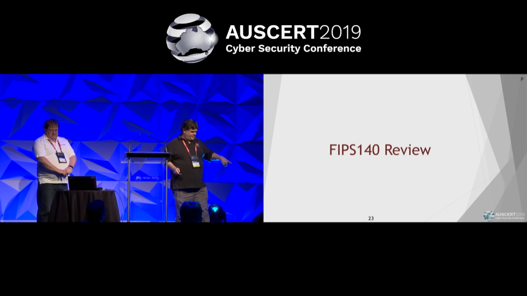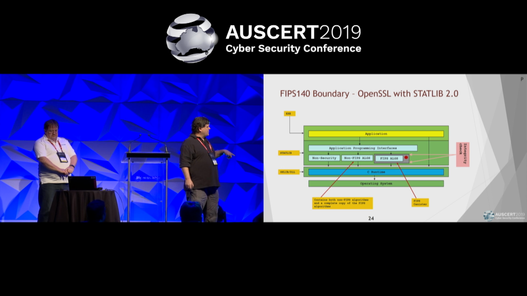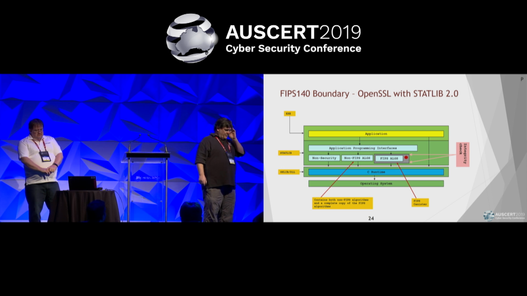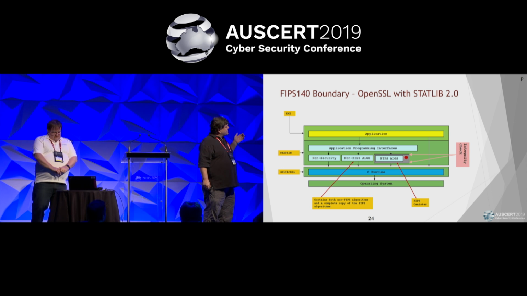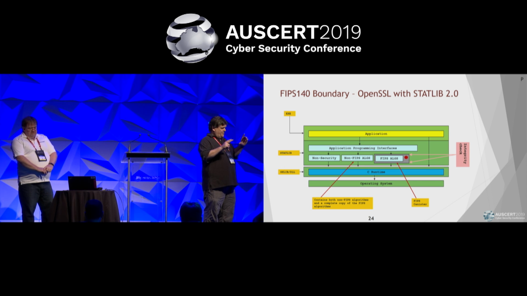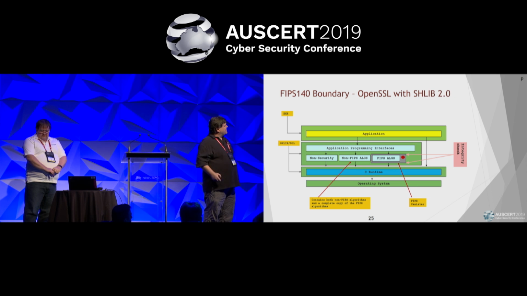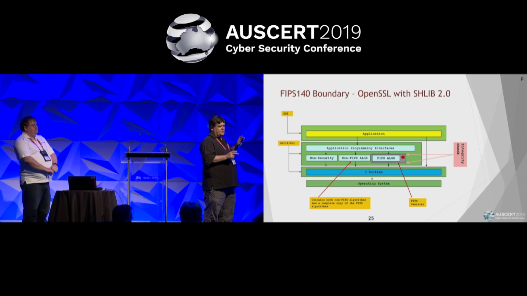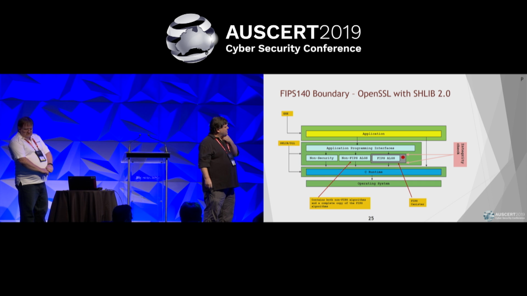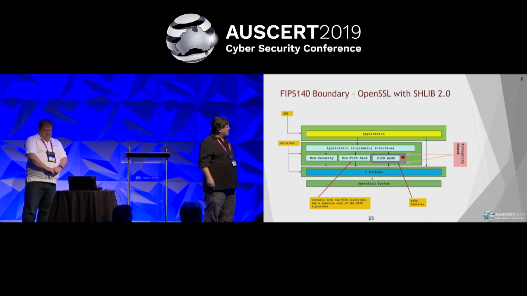In the old OpenSSL, so 1.0, it had two ways of linking the FIPS module. This is the static way, so it built a FIPS canister, which is then linked into the application, and it's all sort of one blob. The shared library way, you still built the FIPS canister, but you linked it into a shared libcrypto, which multiple applications could then share because it's a shared library.